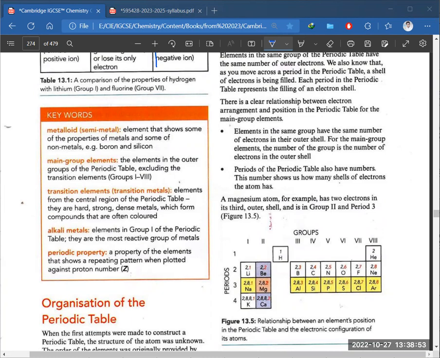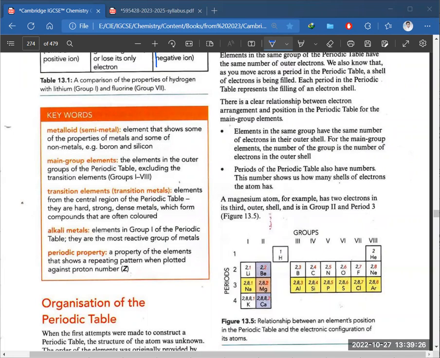Main group elements: the elements in the outer groups of the periodic table, excluding the transition elements, groups 1 to 8. Transition elements, transition metals: elements from the central region of the periodic table. They are hard, strong, dense metals which form compounds that are often colored. Alkali metals: elements in group 1 of the periodic table. They are the most reactive group of metals.